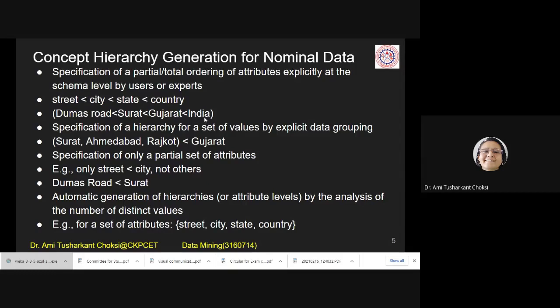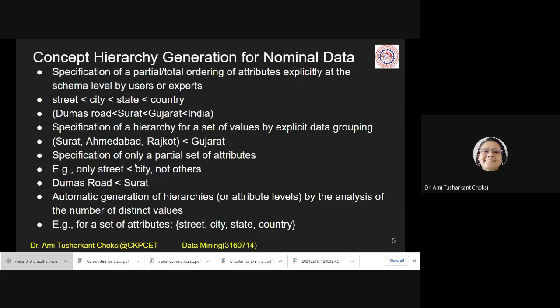Very simple, isn't it? Specification of a hierarchy for a set of values by explicit data grouping is done, right? So what do we say? That Surat, Ahmedabad, Rajkot is less than Gujarat. It is but obvious, isn't it?